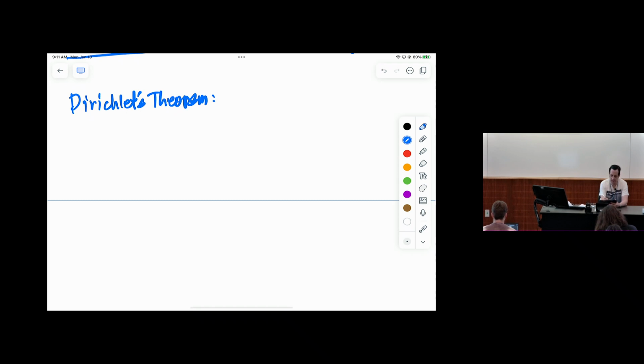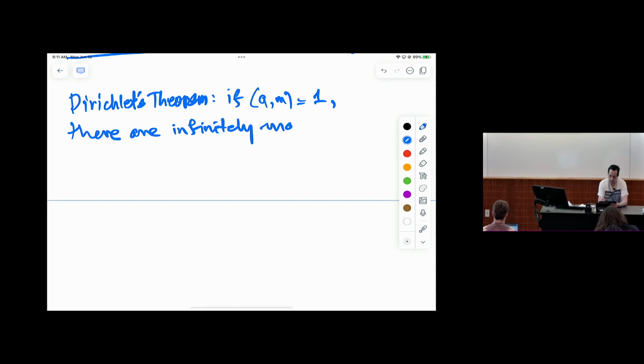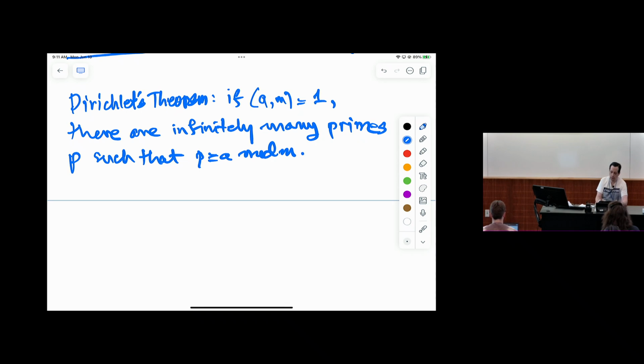Dirichlet's theorem says that if you have some integers that are relatively prime, if A and M have GCD 1, there are infinitely many primes that are congruent to A mod M. And when Dirichlet proved this, many people would say the methods he created to prove this theorem in complete generality was the starting point for analytic number theory.